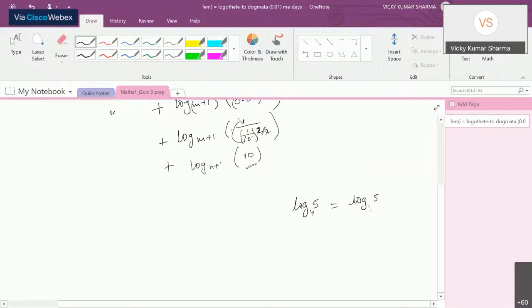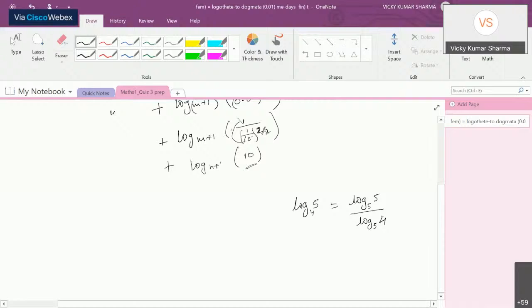You can give it, let's say, 10: log 5 to the base 10 divided by log 4 to the base 10, but you have to make sure the base for both is the same. So you have to make sure that the bases are the same. You can give it any base here. You can give it 5 as well here.